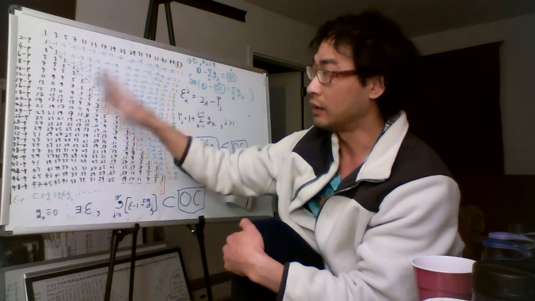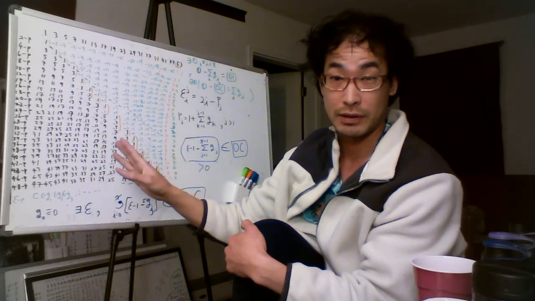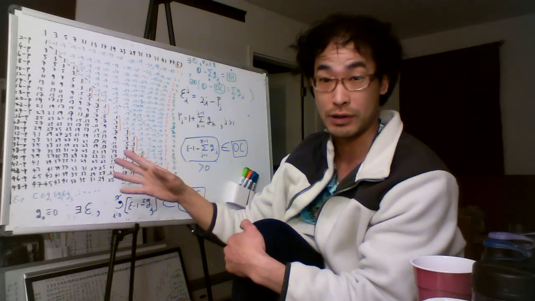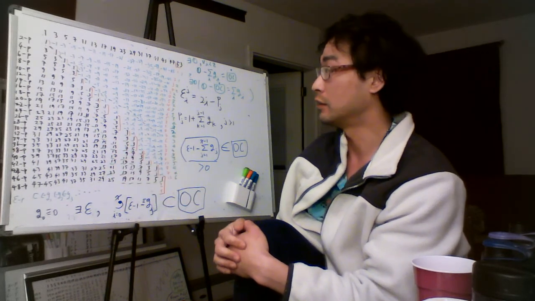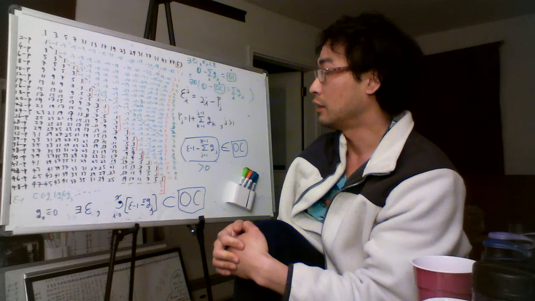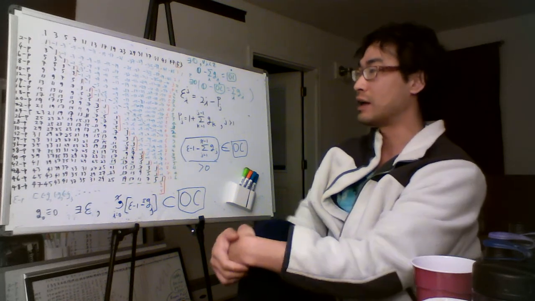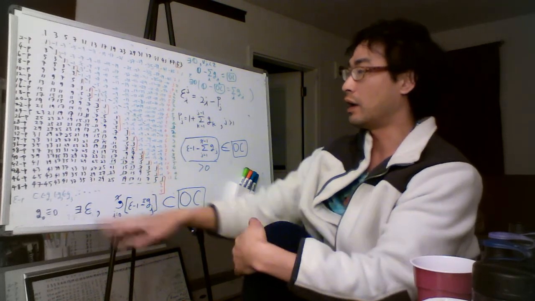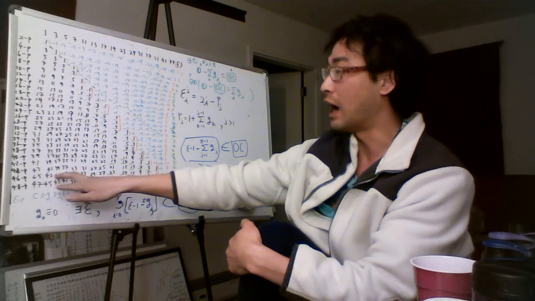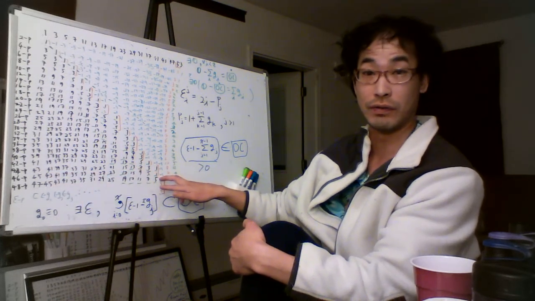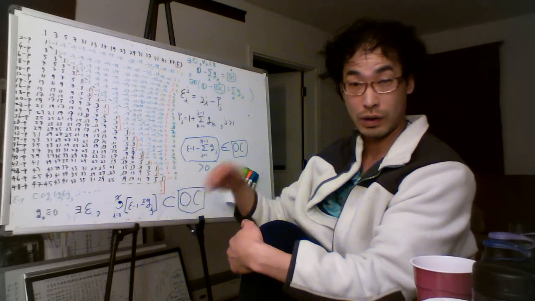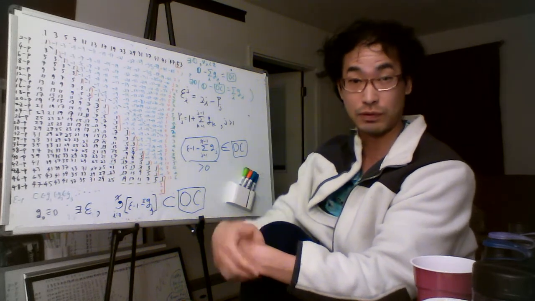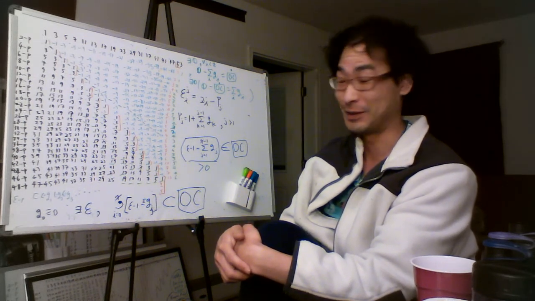Some odd integers are primes, and some odd integers are composites, right? Now we're asking this question: is it possible to have only odd composites in a given row? If so, that's the disproof of Goldbach's conjecture.